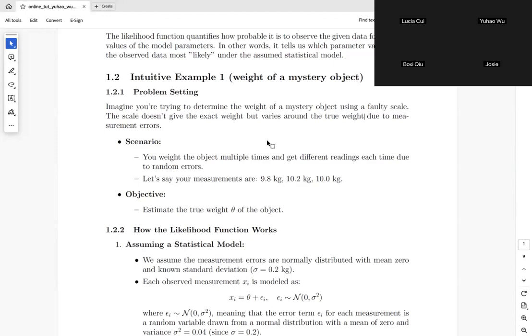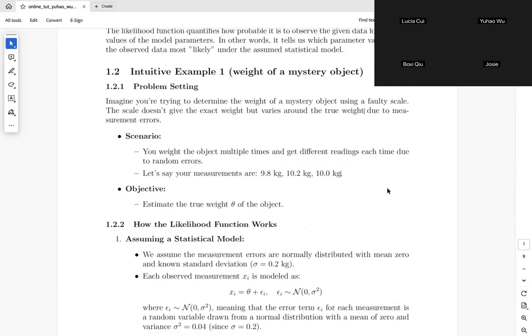Okay, now we have a scenario where we weigh an object multiple times and get a different reading on our scale each time due to different errors. For example, if we get three measures, 9.8, 10.2, and 10 kilo, these are the different readings on your scale, and you want to use these measurements to estimate the true weight of this object, because you do not know the actual weight.